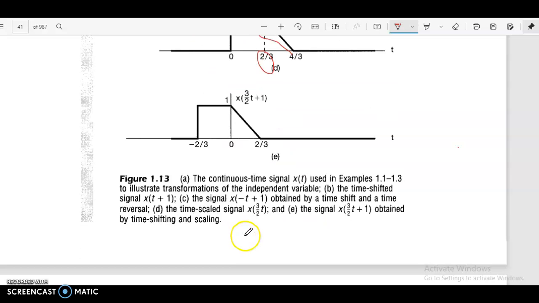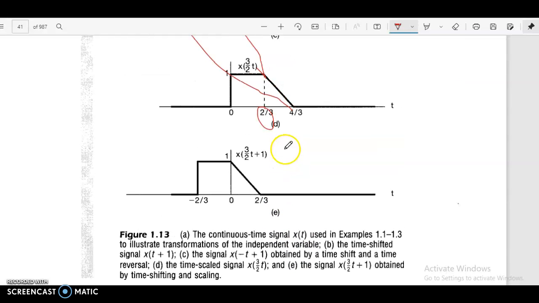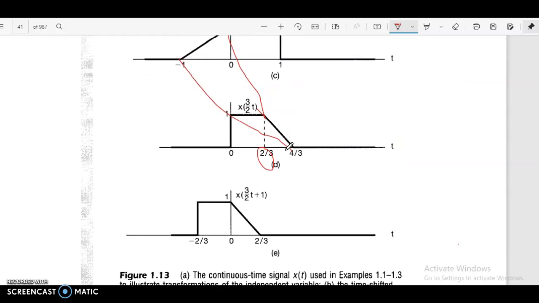And the signal x of 3 by 2 t plus 1 obtained by time shifting and scaling.